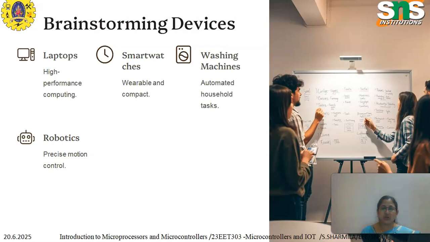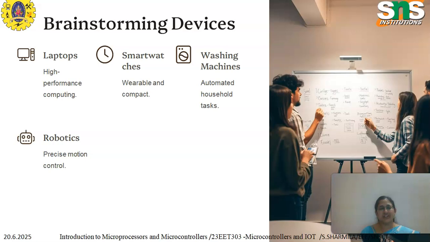Smartwatches are wearable and perform compact operations. Washing machines are automated household appliances. They perform the specific task based on the input given by us. And robotics is used for precise motion control, and it uses specific applications for the movement of a particular robot.